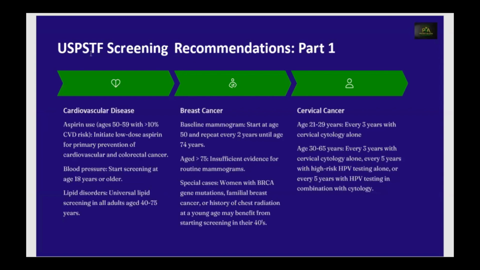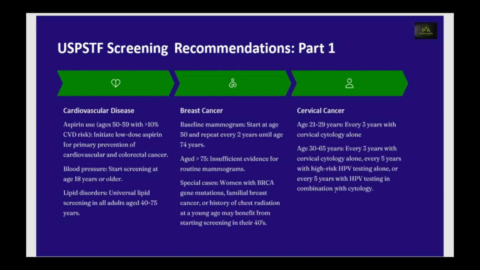Then we have our USPSTF screening recommendations. All these screening recommendations, when they can start, is very important. Different guidelines like breast cancer, cervical cancer. We already know that from the age of 21, they start pap smear. When we did women's health, we looked at HPV in detail, even normal cytology, ASC-US, ASC-H, HSIL, and LSIL.